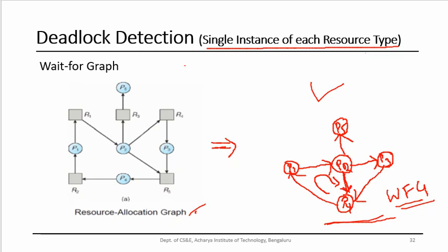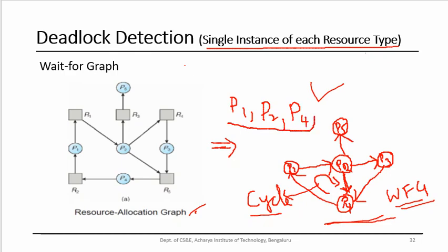So there is one cycle here, which means that these processes P1, P2 and P4 are the processes which are creating a cycle, and these processes are in a deadlock state, and the system is in a deadlock state, right? So this is how we detect whether there is a deadlock in the system or not.